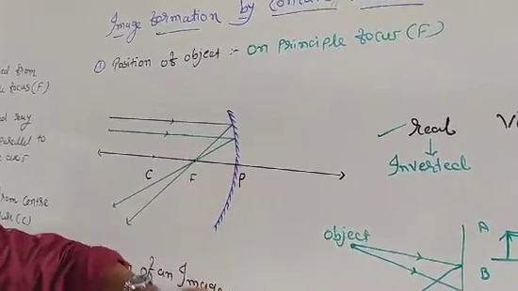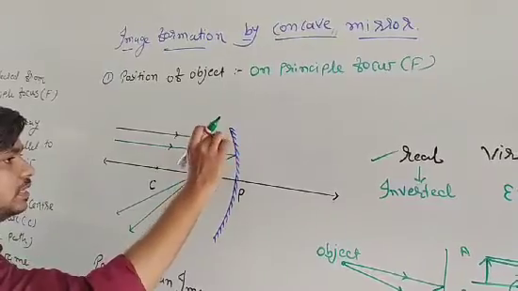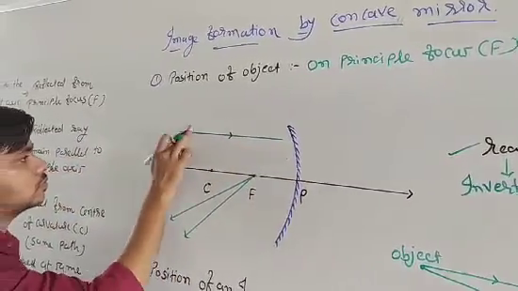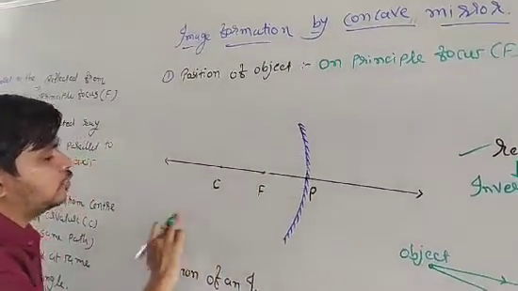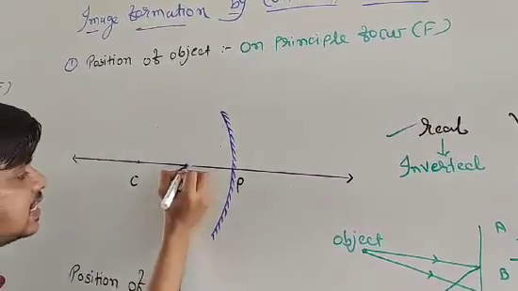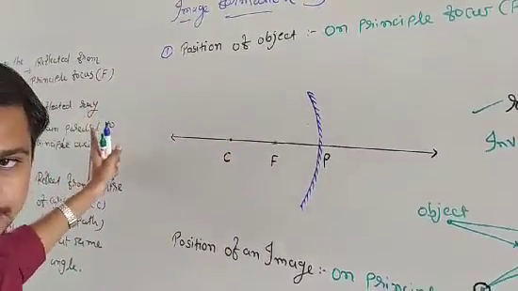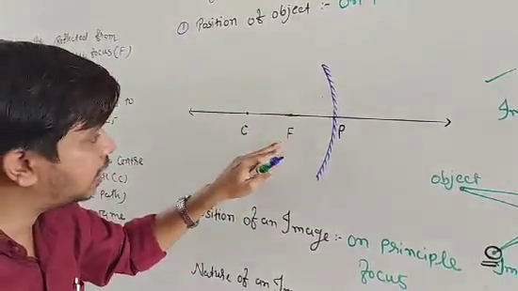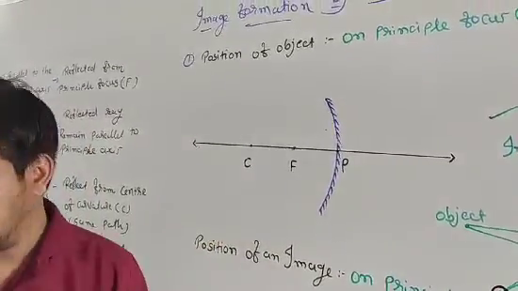But if we put an object on the principal focus, here it is the principal focus, so you can easily put an object on it. At infinity you can't see the object, so you have to incident parallel rays. But here you can see the principal focus, so you can put an object here.